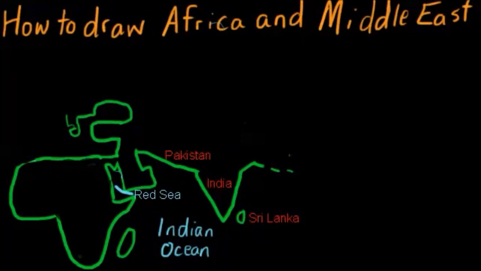Okay, and the island south of Greece is called Crete. It's a skinny little island like that. There's Crete. Okay, and let me go ahead now and add one more sea. And this one will be completely surrounded by land. This is going to be called the Caspian Sea.